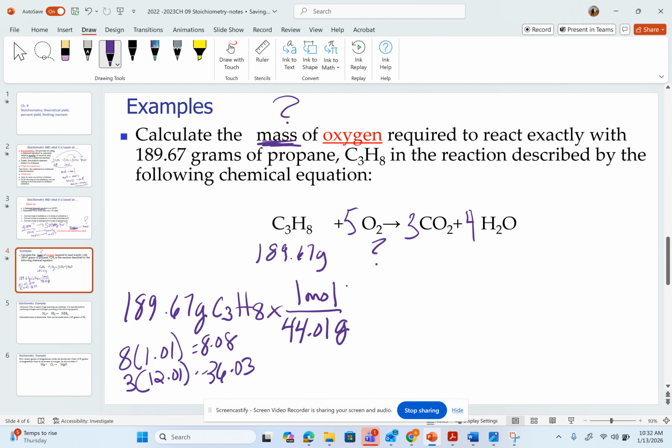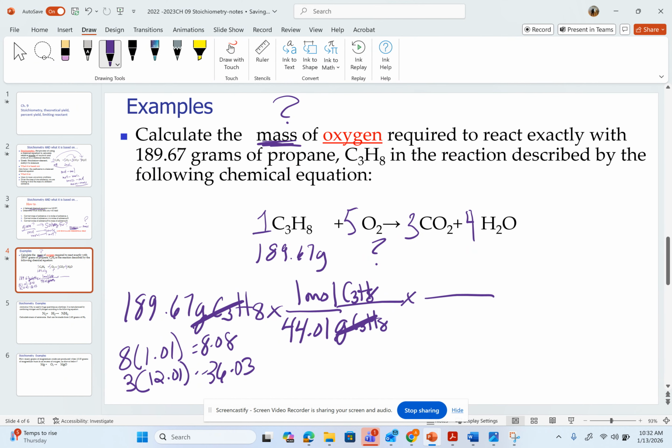So now C3H8. So now I can get rid of grams and I'm sitting at moles. Now I need to switch. I need to move from moles of propane to moles of oxygen.